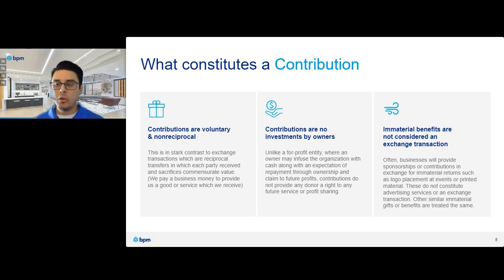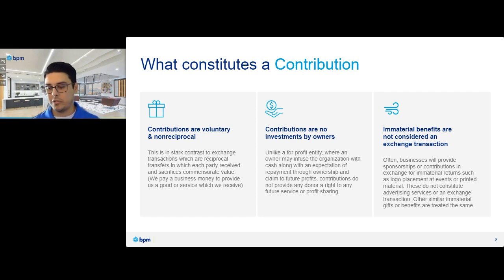Quite often it's logo placement at an event or possibly in printed materials. But this immaterial exchange does not constitute any form of advertising service being received by that donor. And other similar immaterial gifts or benefits are treated just the same way, in which they are a contribution, not an exchange transaction.